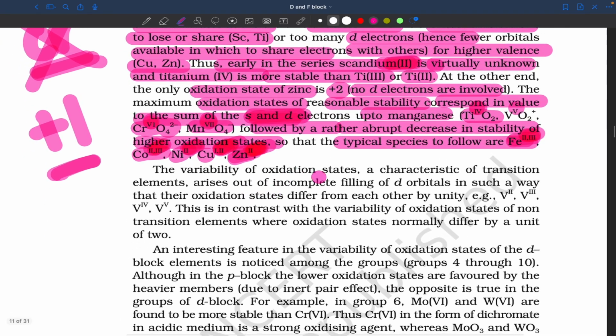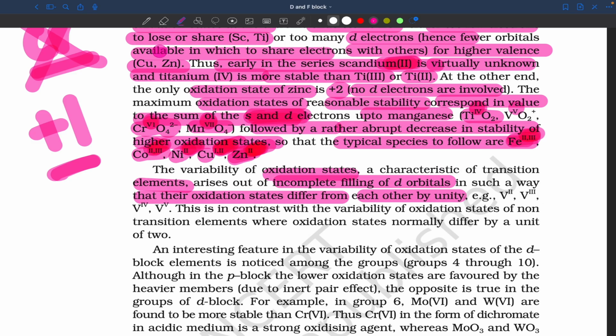The variability of oxidation states, characteristic of transition metals, arises out of incompletely filled d orbitals in such a way that their oxidation states differ from each other by unity.